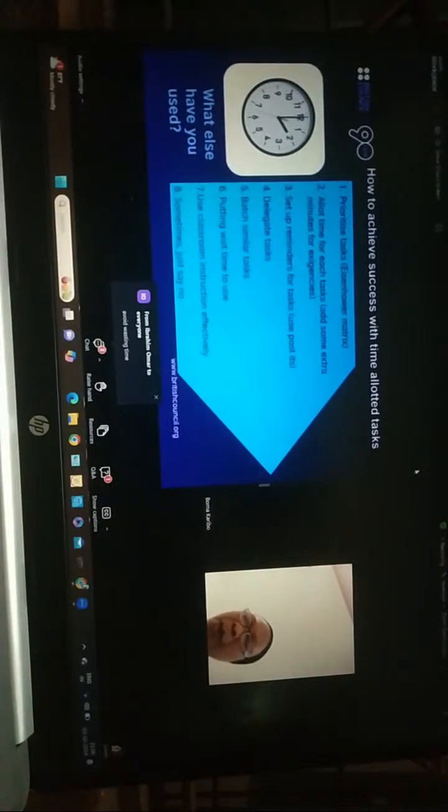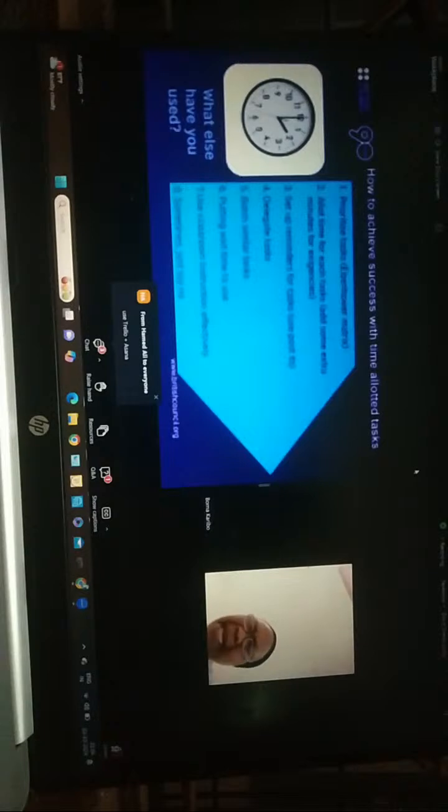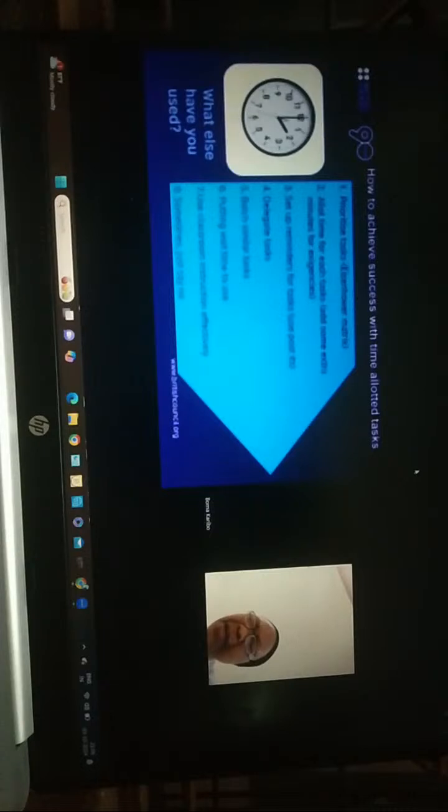The next is thinking effectively. Classroom instruction time can be well managed with good goals, to avoid repeating and paraphrasing learners' responses.